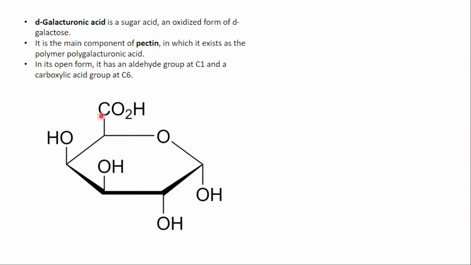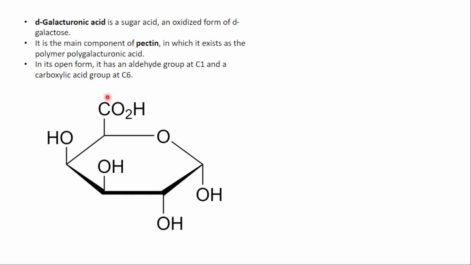So if you see, there are many functional groups here. So this group CO2H here is the carboxylic acid group COOH, and this is the structure of galactose. So to a galactose, we have just added a carboxylic acid group, which makes it galacturonic acid.